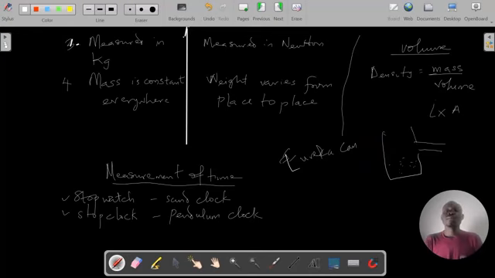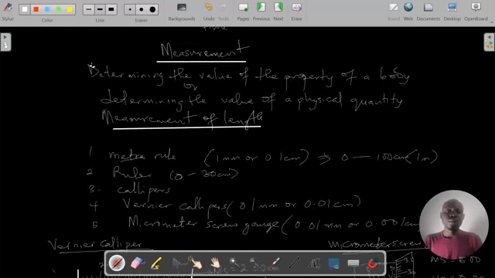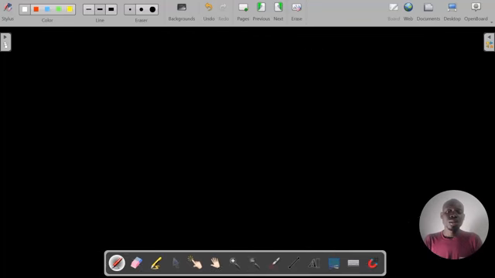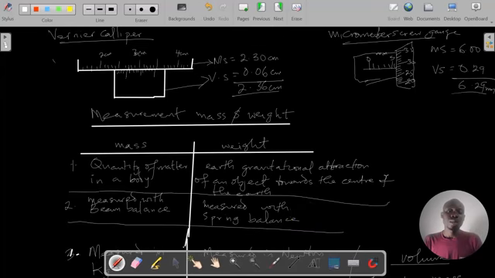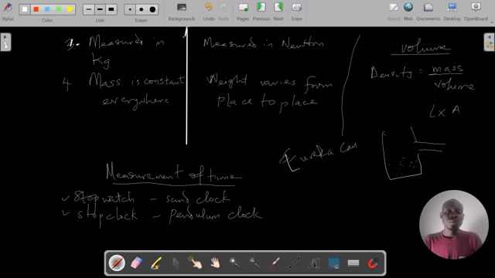We have looked at measurements, and we have looked at measurement of length, and then we looked at measurement of mass and weight. I mentioned that you use a beam balance to measure mass and weight. Then measurement of regular objects: you measure their length, breadth, and height to calculate the volume.